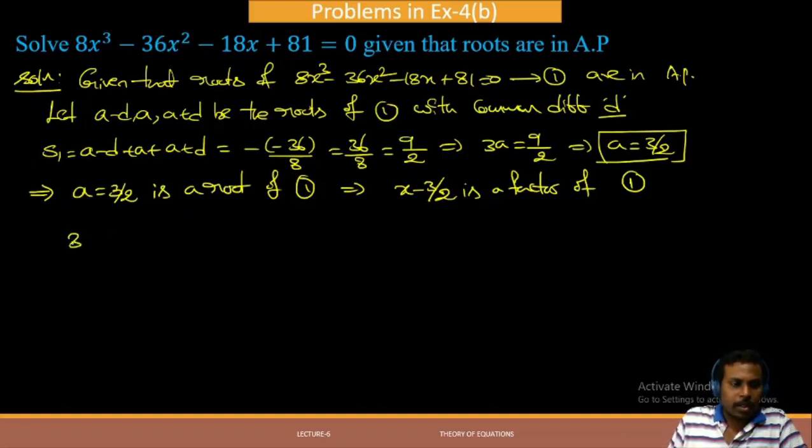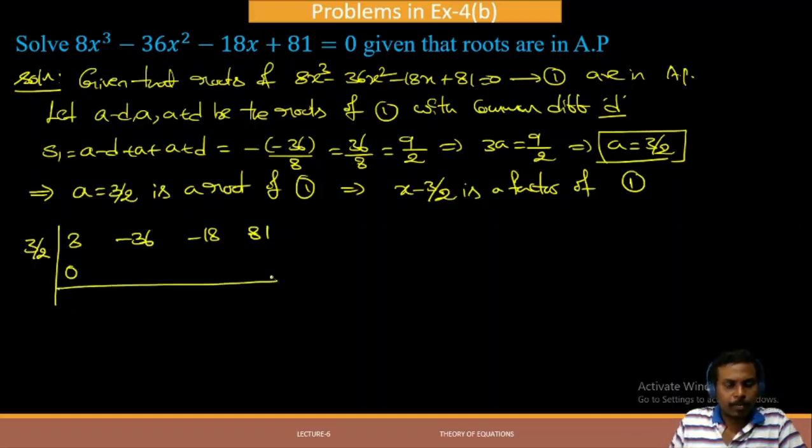So let me write the coefficients here: 8, minus 36, minus 18, plus 81. First I have to write 0 and 8.